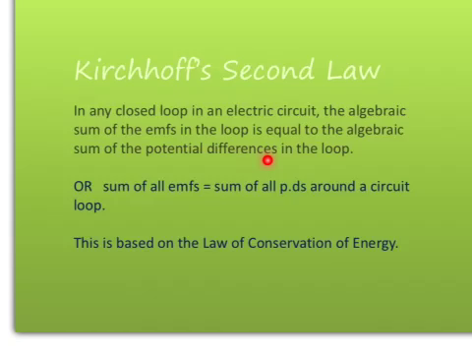Potential difference is simply the voltage across a component, or the voltage used by a component. Or you could say the sum of all EMFs equals the sum of all potential differences around a circuit loop. This is based on the law of conservation of energy, whereas the first law is based on the law of conservation of charge.